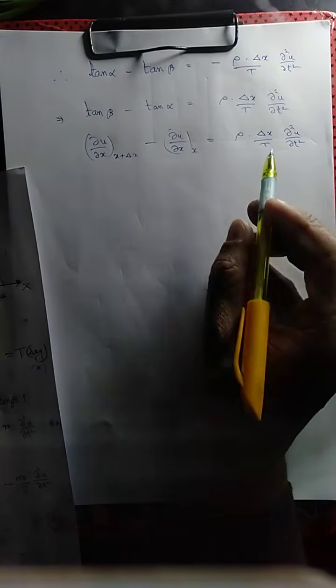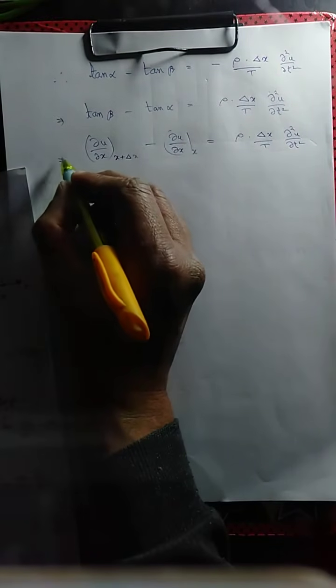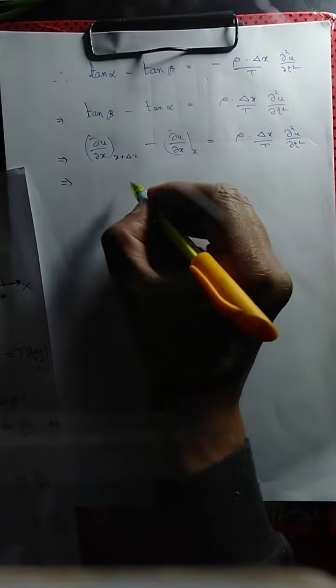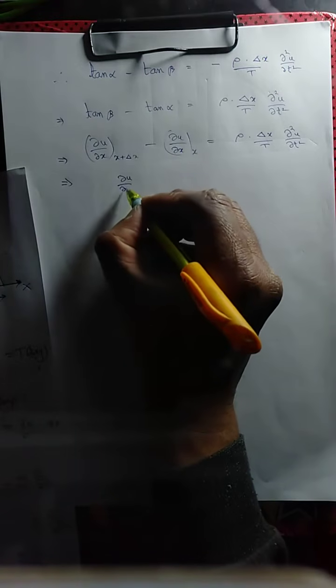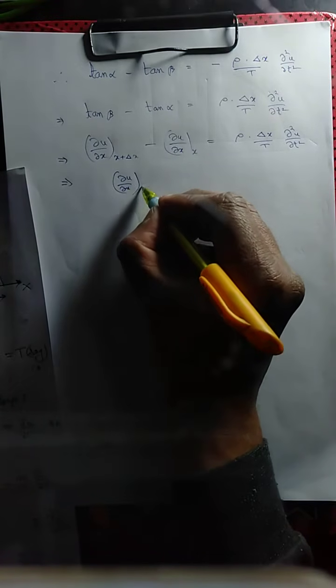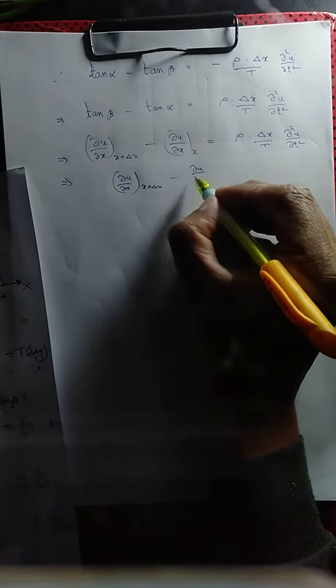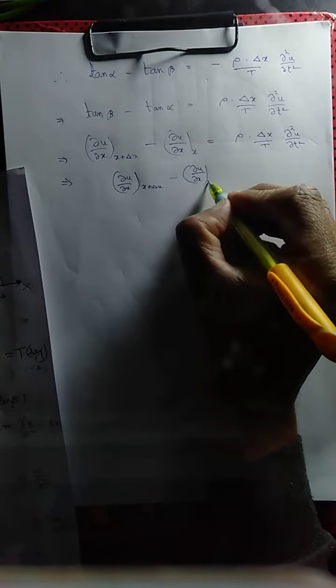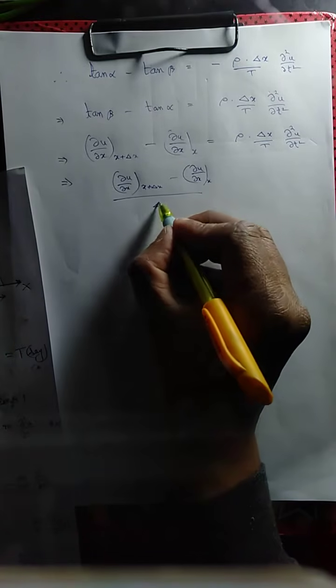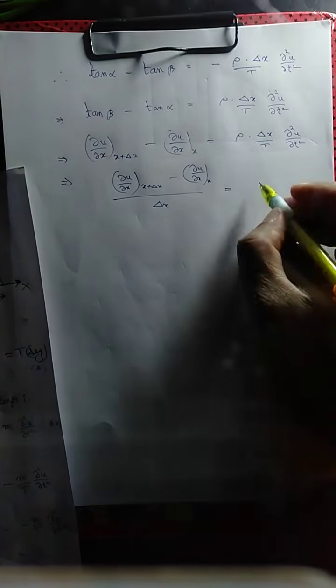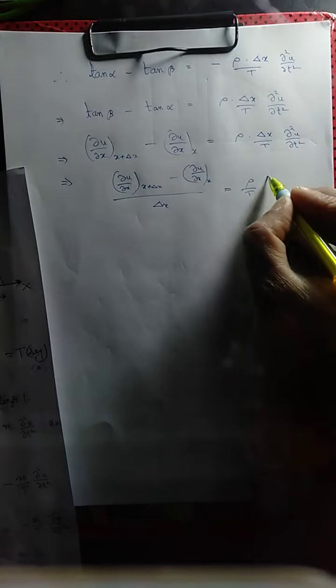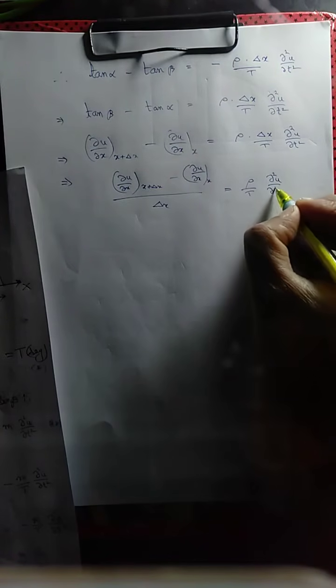Okay, let's divide by delta x throughout. So we have just divided by delta x throughout and we got this.